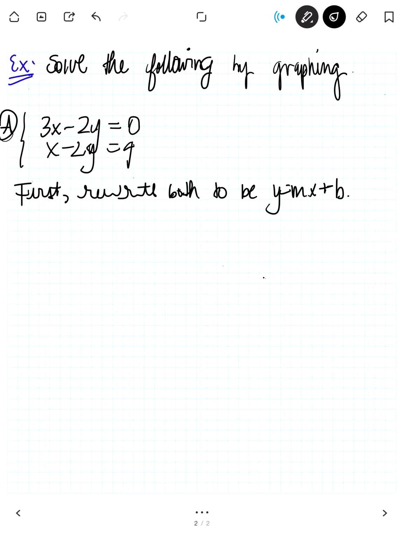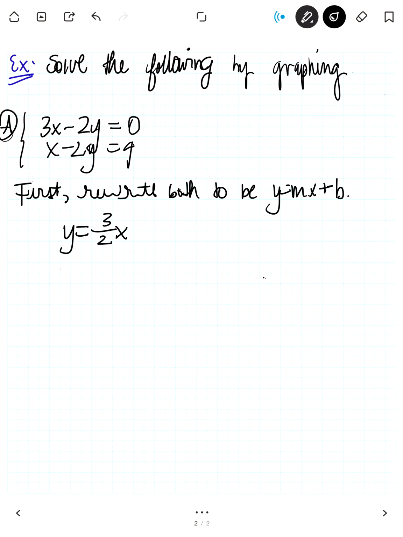And when I do that, the first equation, I'm going to subtract 3x, and then I divide by negative 2. So I have positive 3 over 2 x, and 0 divided by 2 is still 0. So I just get y as 3/2 x.